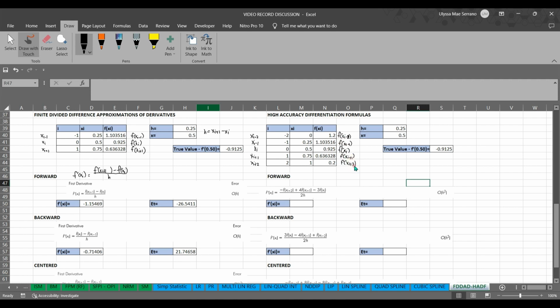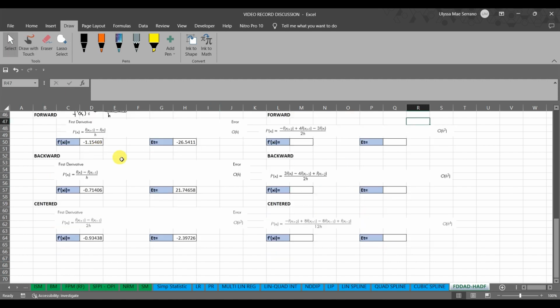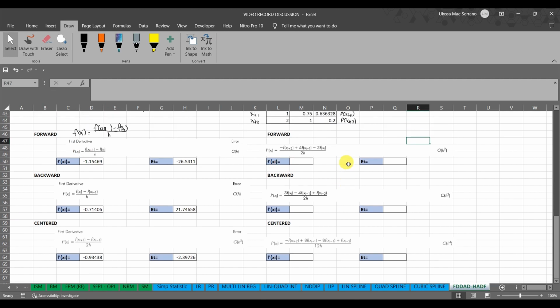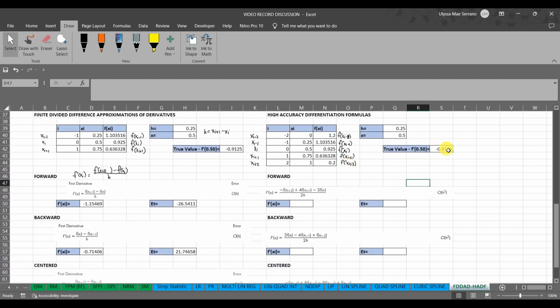Substituting all the calculated values into the high accuracy differentiation formulas, we will now be able to find the first derivative of the function f wherein x is equal to 0.5. And we all know that the true value of the first derivative at x equals 0.5 is negative 0.9125.